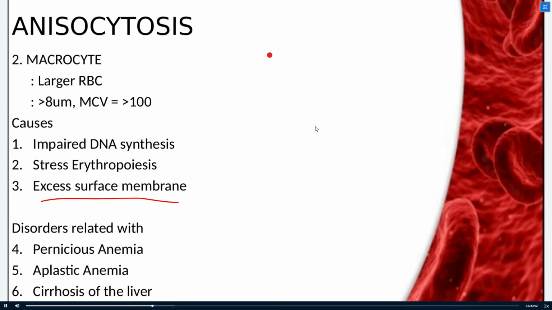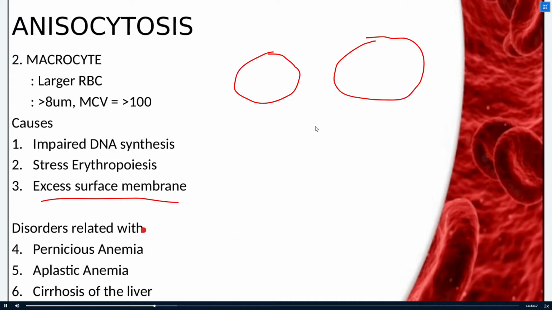Another one would be excess surface membrane. In excess surface membrane, class, imagine this would be your RBC, and the surface membrane would be enlarged. This can be caused by a variety of drugs and disorders. And another one, you could actually see macrocyte in pernicious anemia.